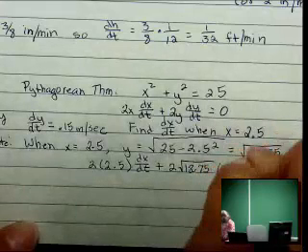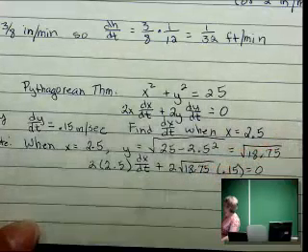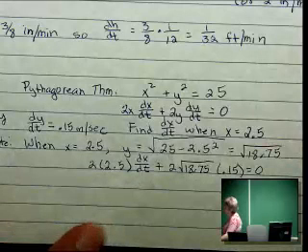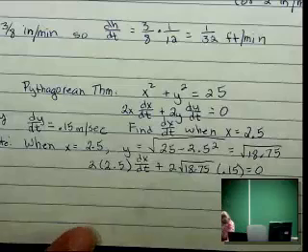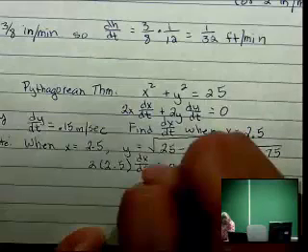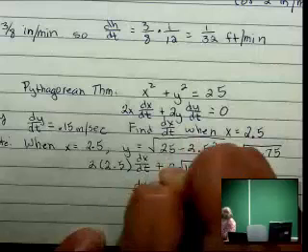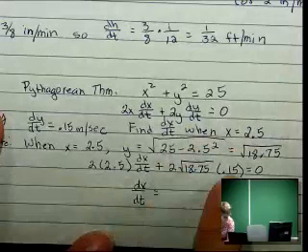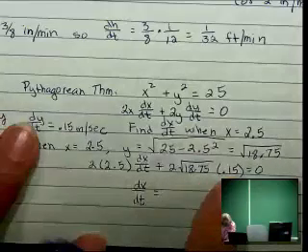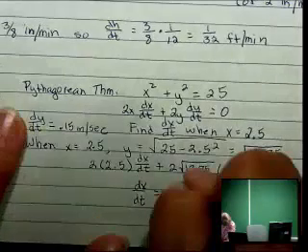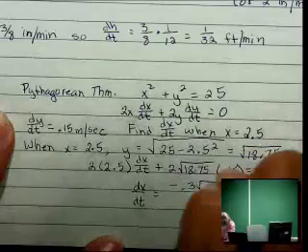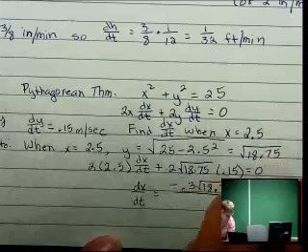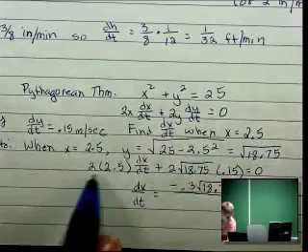That equals 0. And we're solving for dx over dt. So I'm going to say 2 times 0.15 is 0.3, and subtract 0.3 square root of 18.75 from both sides. And then divide both sides by 2 times 2.5, which is 5.